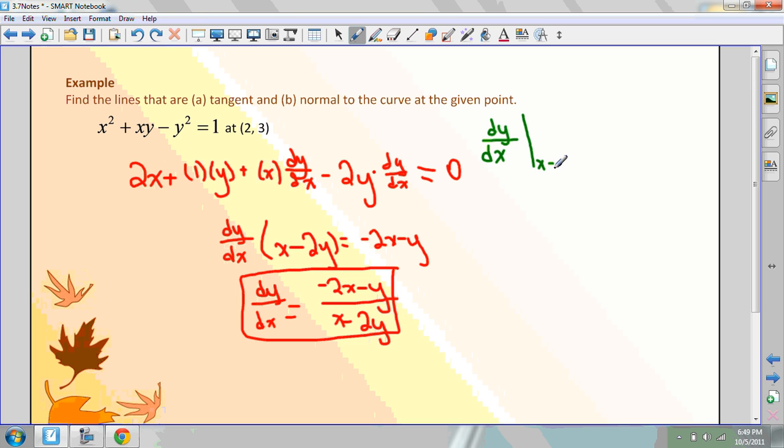If I just wanted to plug in x equals something, I would write x equals 2 here. But I can't do that because I have both x and y here. So let me change this to the actual point. So this is at 2, 3.